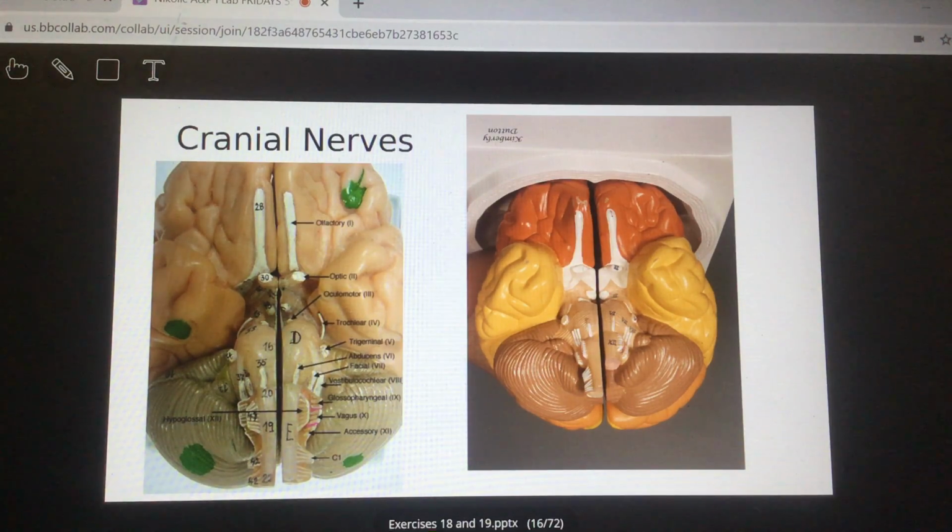All right. We're going to start with, if you remember, that we have 12 cranial nerves, which you should get into flashcards and memorize them, people.